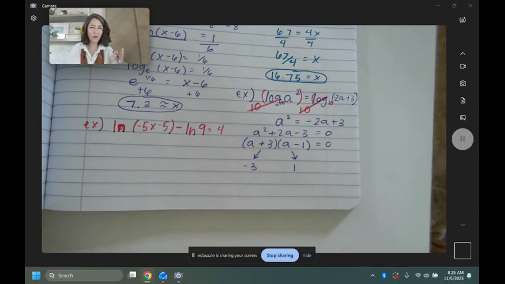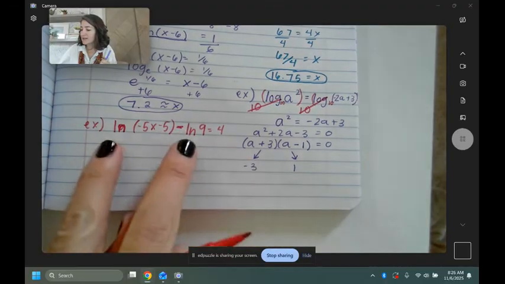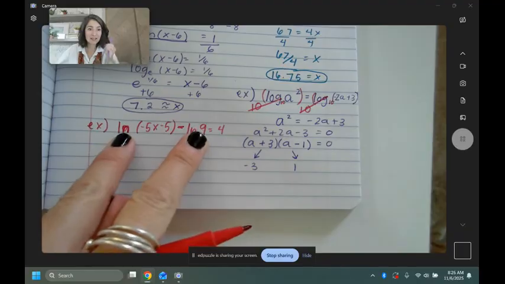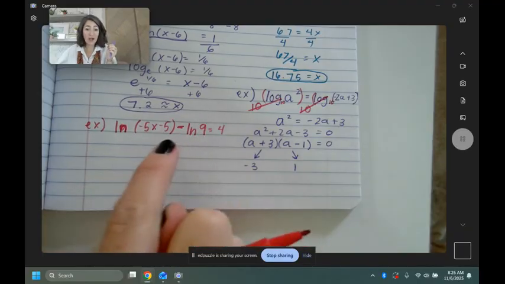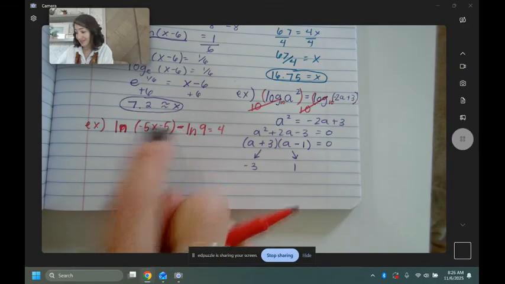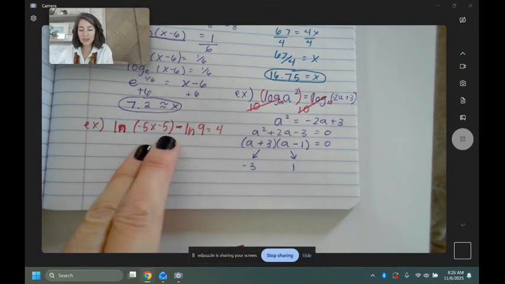If I move one over, this 4 is going to get in the way. So I need to use a property of logarithms. When I have the same logarithm with the same base, I can connect them in some way. If there's subtraction in between, I can rewrite this as a division. So I'm going to squish these two things together.